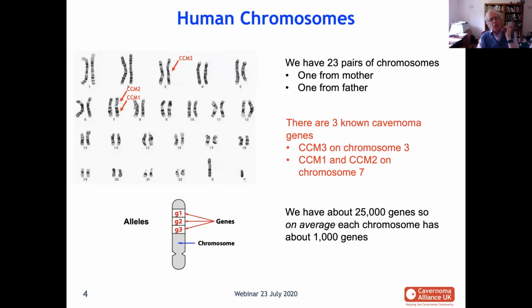Now I want to make the point that any gene is located in a particular place. Let's just talk about G2, some arbitrary gene at the moment. That gene can be in a normal form, which would be the case in the bulk of the population, or it can be in an abnormal form. And so if we're talking about cavernomas, it can be implicated in giving rise to a cavernoma.